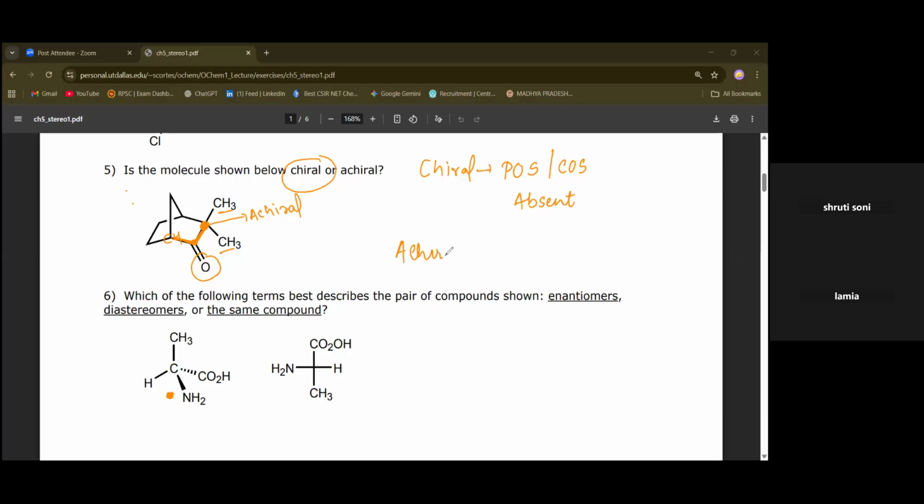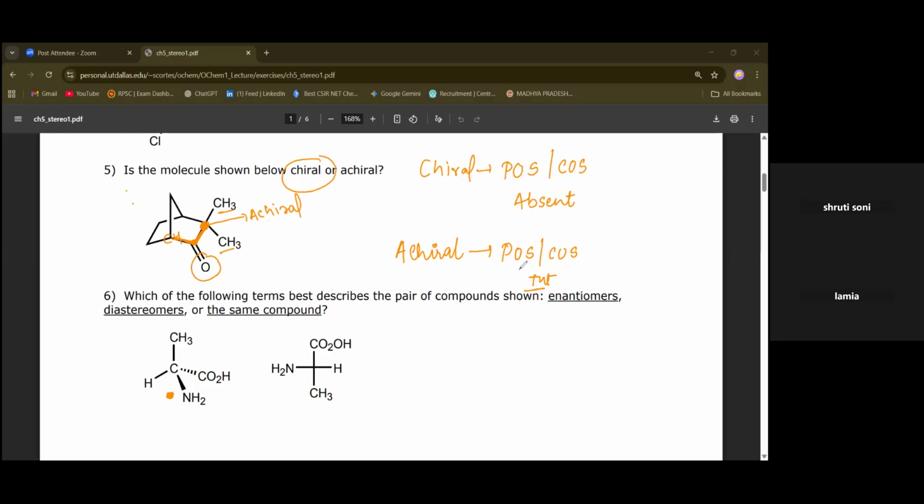Do you understand what POS and COS are? Plane of symmetry and center of symmetry, right?